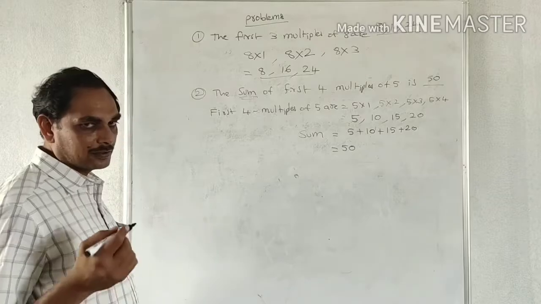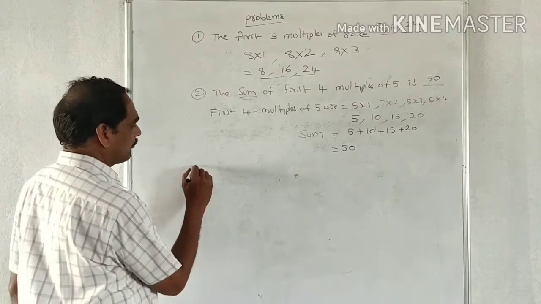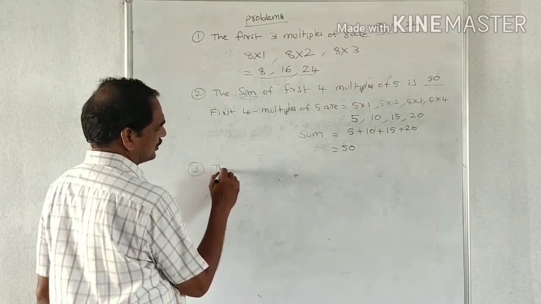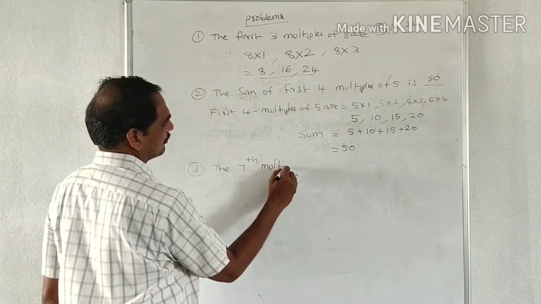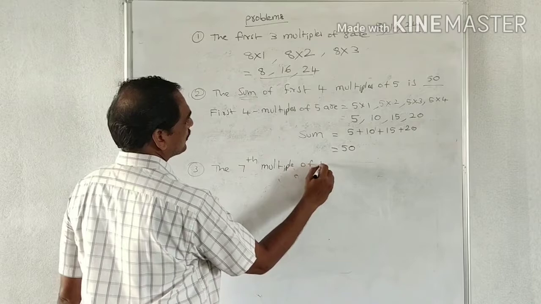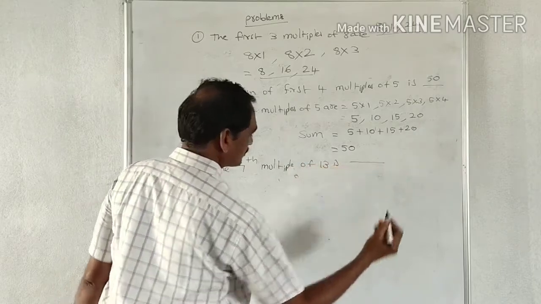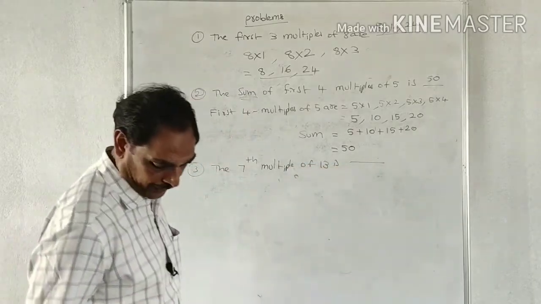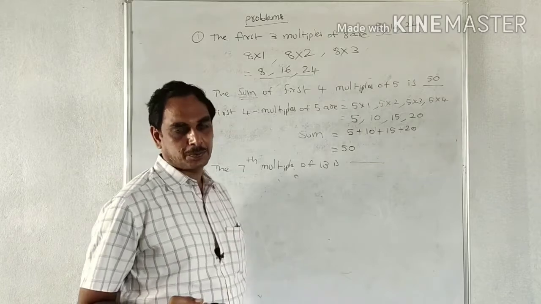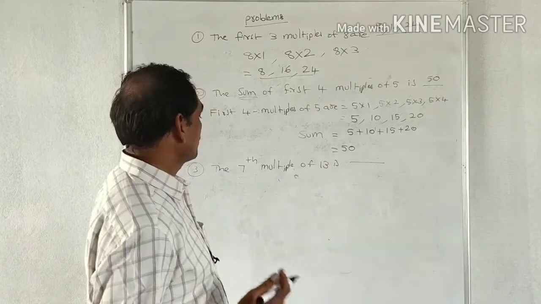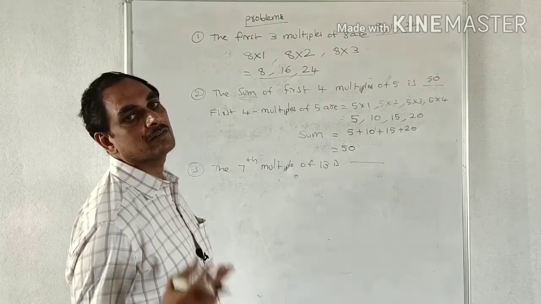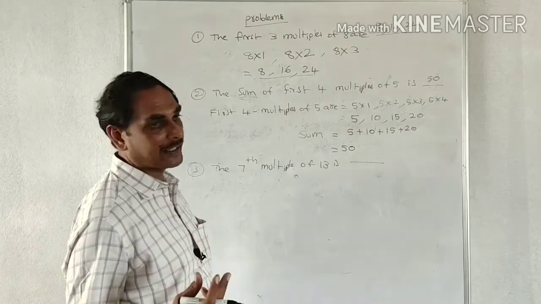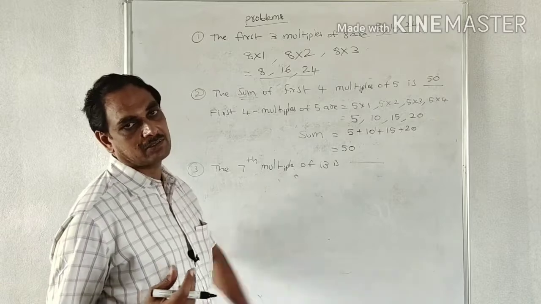Next, third. The seventh multiple of 13 is dash. So here we are going to find only the 7th multiple. When the problem is to find the specified multiple of a number, we can easily find it by multiplying the specified number with that number.